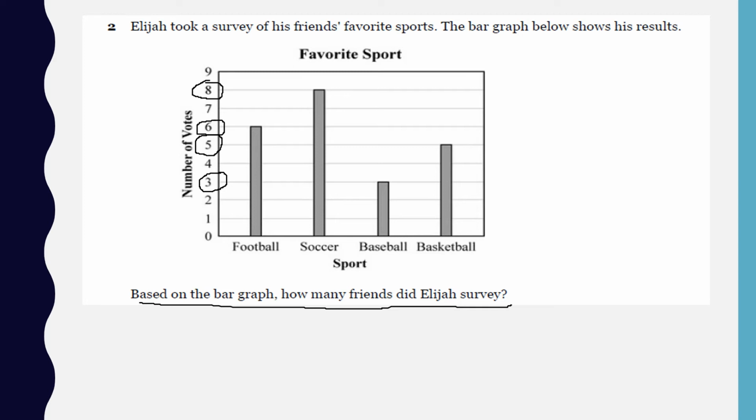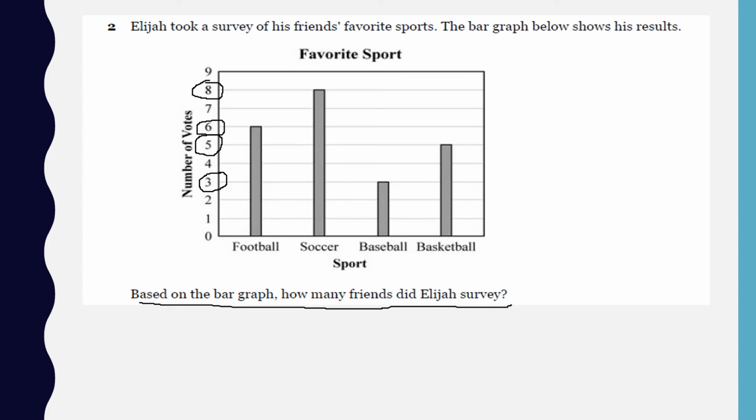Now, in order to find the total of how many friends Elijah surveyed, I have all the information I need. I could use repeated addition in order to solve.